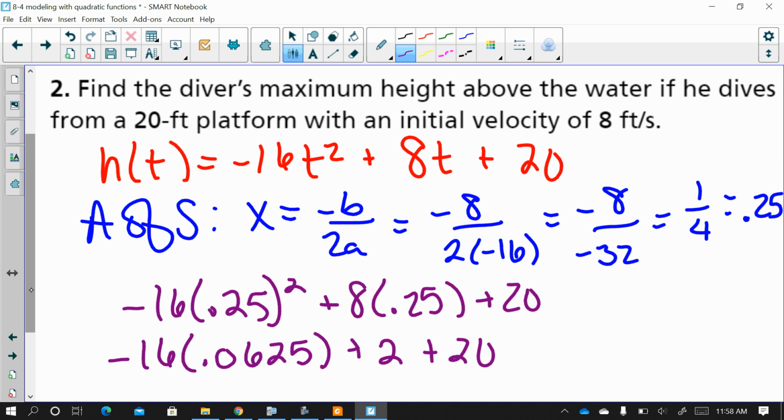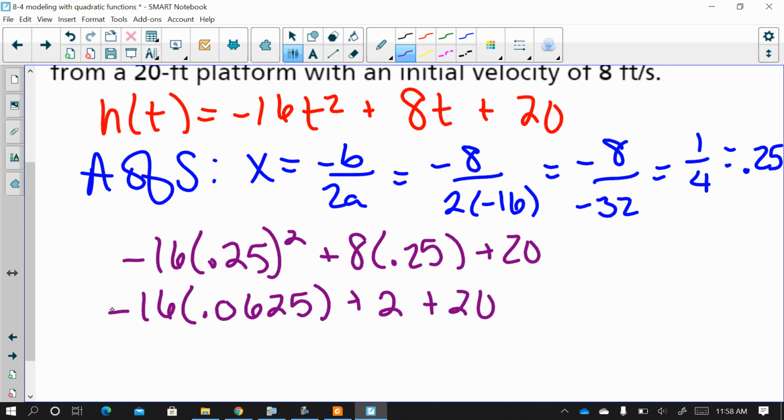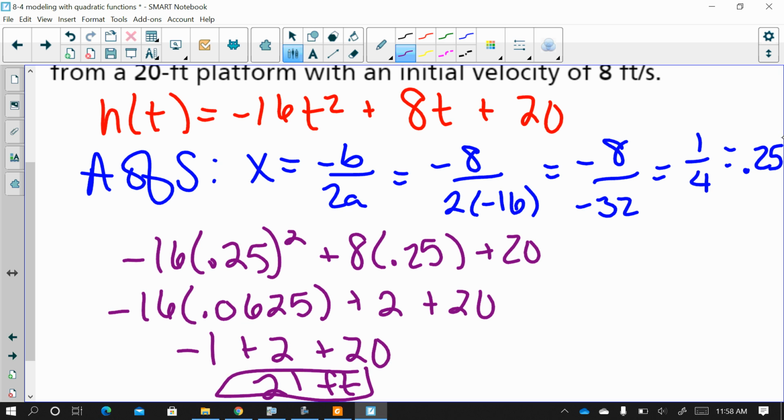If I multiply negative 16 times 0.0625, I get negative 1, plus 2, plus 20. Negative 1 plus 2 is positive 1, plus 20 is 21. So the maximum height is 21 feet. And he reaches that at a time of 0.25 seconds. And that's what the x represents.